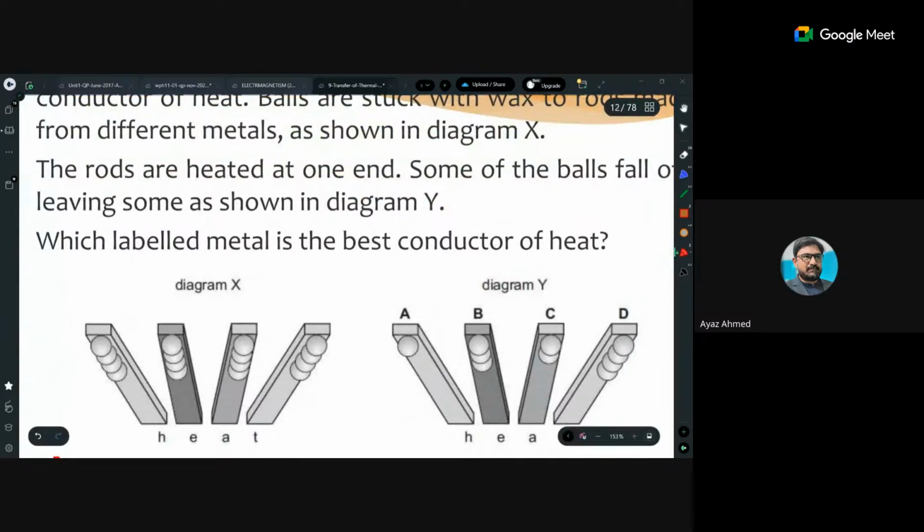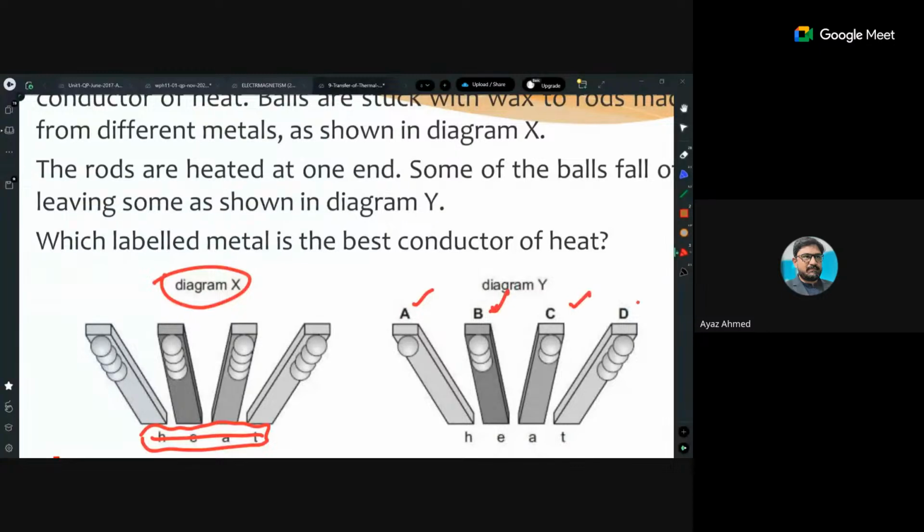This is the diagram before heating the rods, when they are not heated yet. Heat is not provided yet, but when they are heated, there were four beans attached to each rod with the help of wax, and after some time, one is left on A, two are left on C, three are left on B, and four are left on D. So which one is the poor conductor?